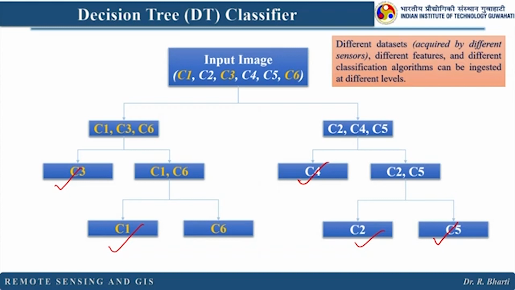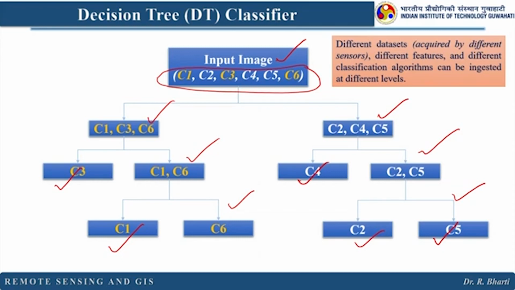Here we are ingesting different satellite images or airborne images to segregate all these classes of an area, right. And here at different levels you can change the input data, you can change your decision, or you can change your classification algorithm. So, this is the beauty of this decision tree classification.